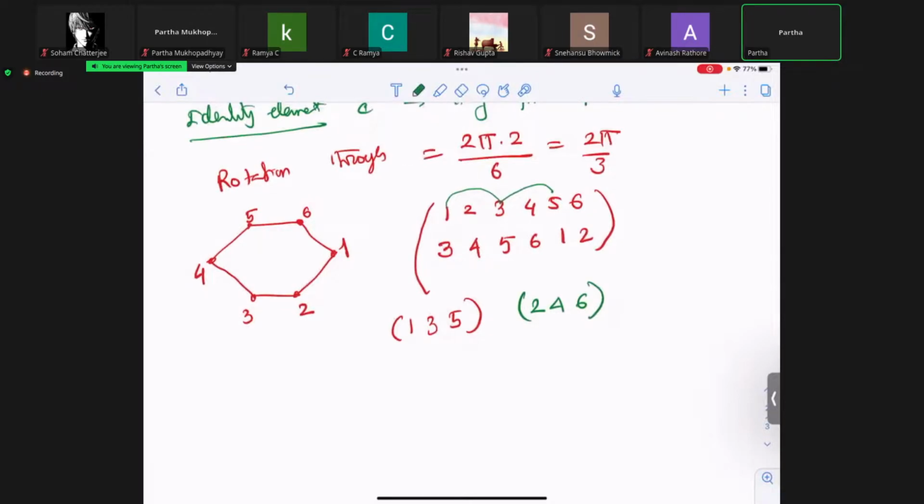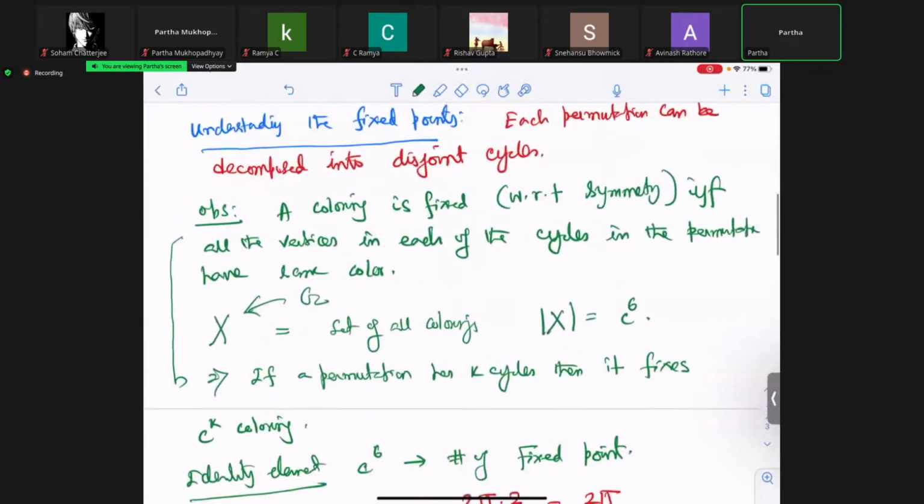So the number of fixed colorings is c for this cycle, c for this cycle, so this is c squared. Is it clear? So this is how you decompose the cycle structure.